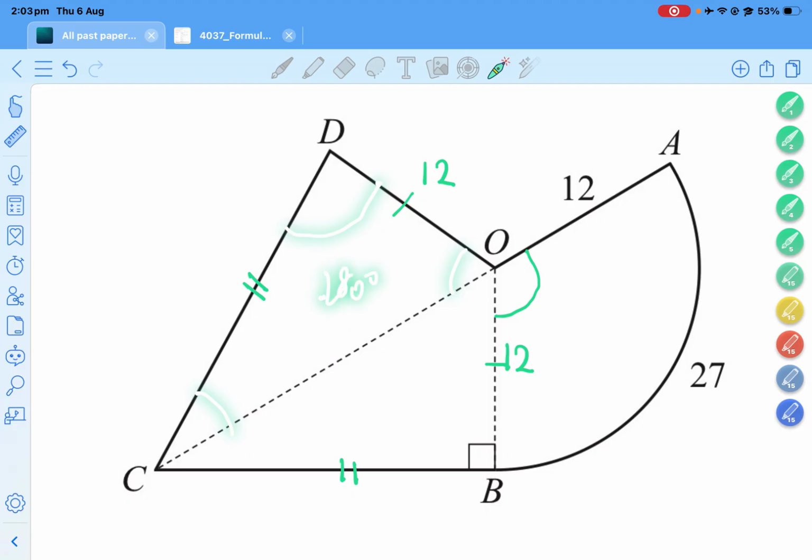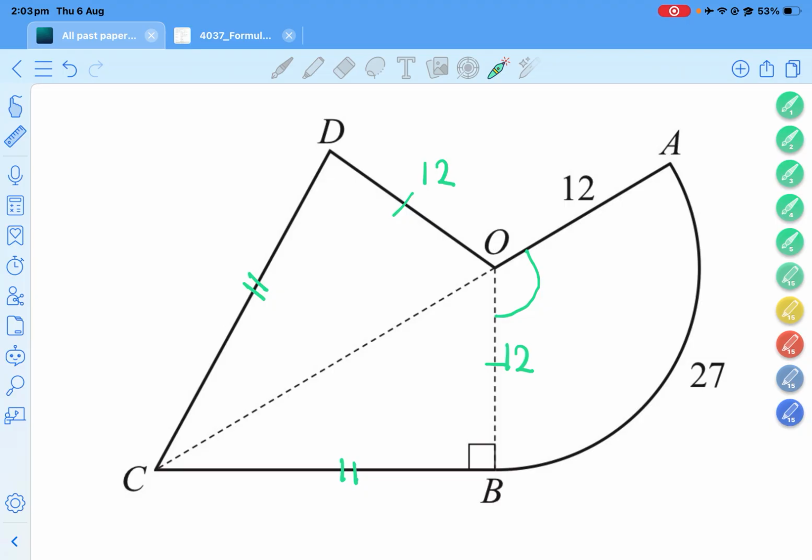So these two, when you add them together, you get 90, which we already know from the fact that there's a right angle triangle staring back at us.